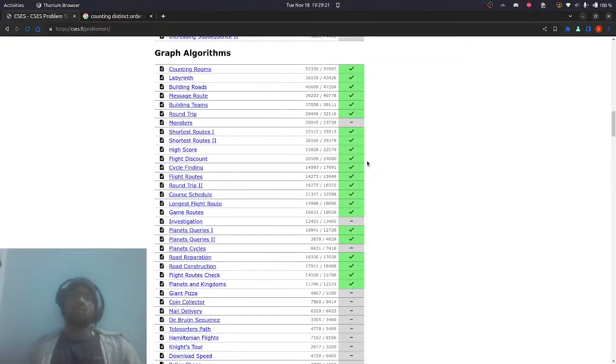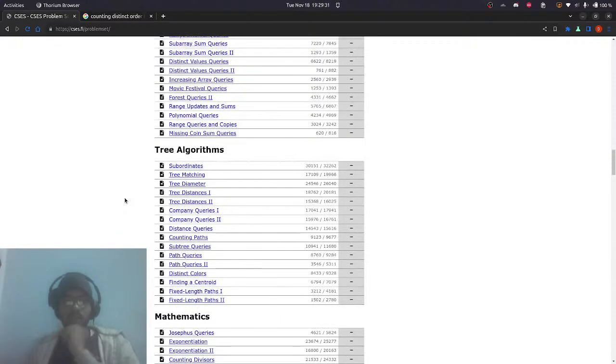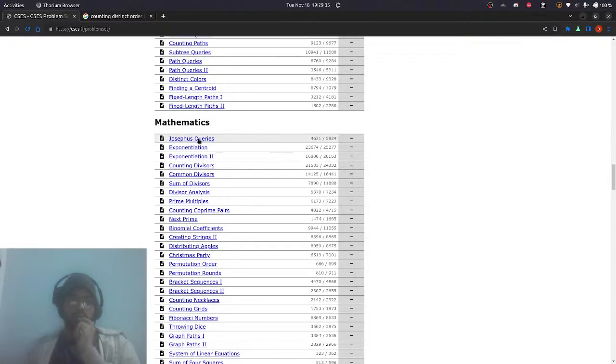Solved a lot of graph problems. Maybe this tree algorithm, subordinates. Josephus queries. I don't know what this is.